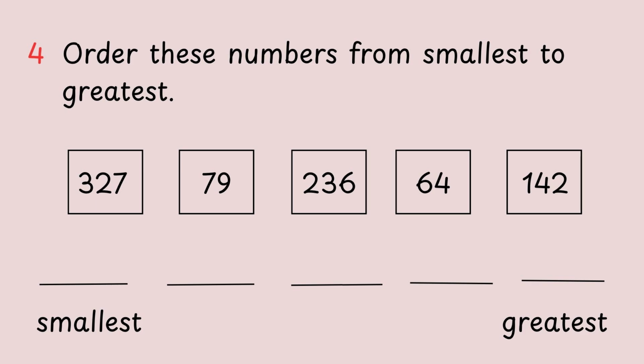Of course, 100 is the smallest. So let's write 142 first. And after that, which one is smallest? 2. So let's write 236. And the last one, the greatest one, is 327. So the answer will be 64, 79, 142, 236, and 327 from smallest to the greatest.